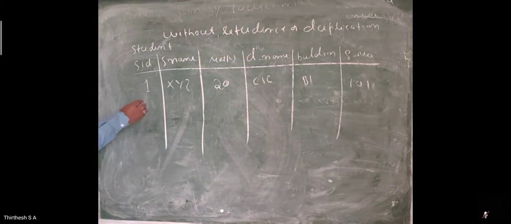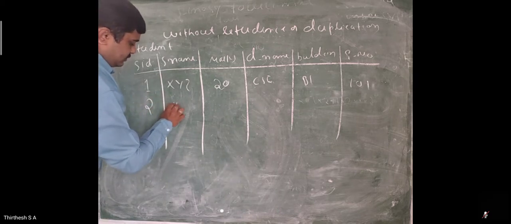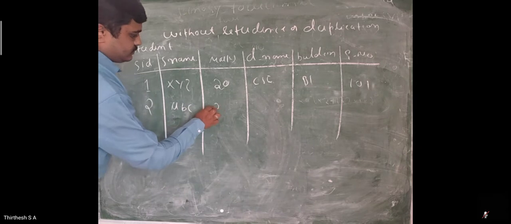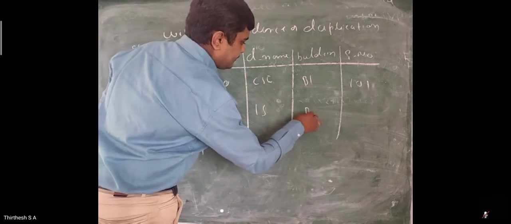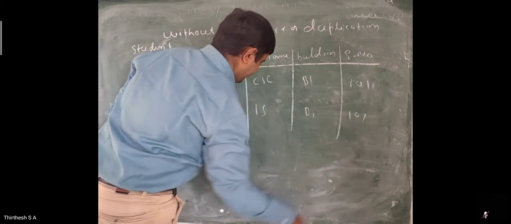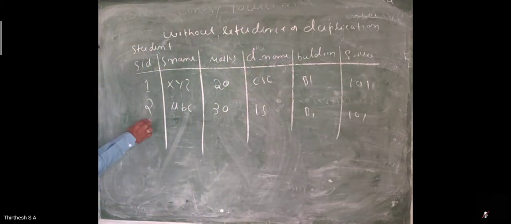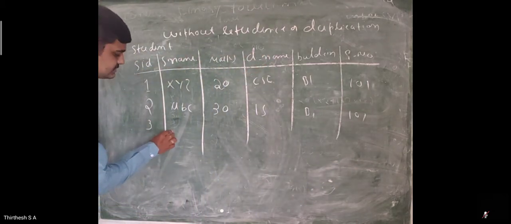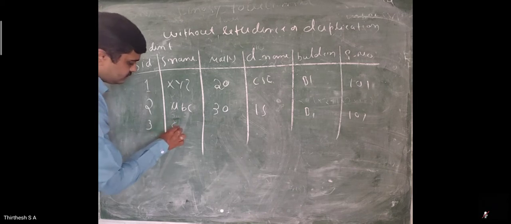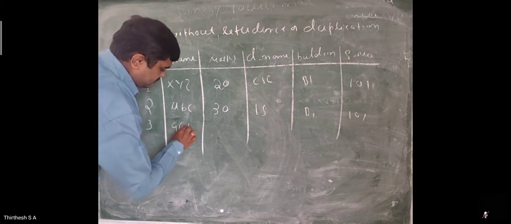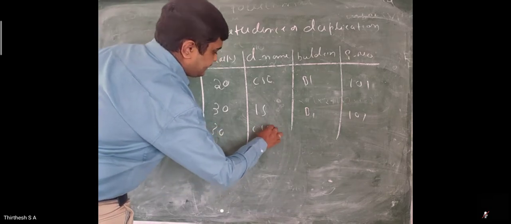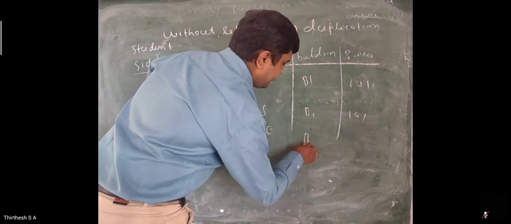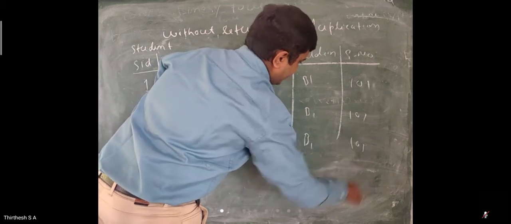In the same way, I am going to write 2, marks is 30, B1, 101. Again I am going to write 3, marks 30, CSE, and B1, 101.